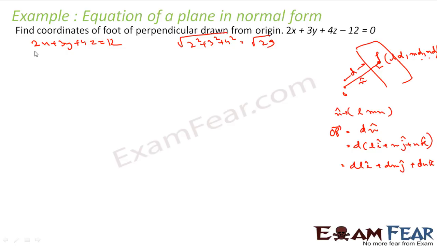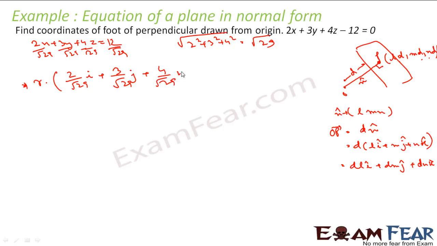With that, we have the equation in this form: r dot (2 by root 29 i plus 3 by root 29 j plus 4 by root 29 k) is equal to 12 by root 29.